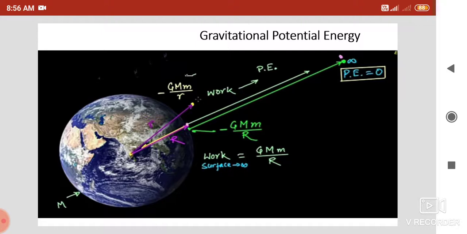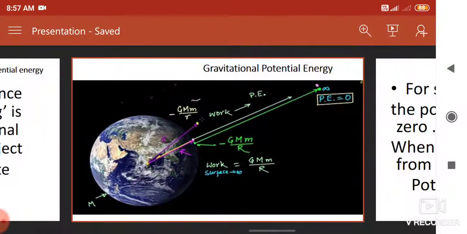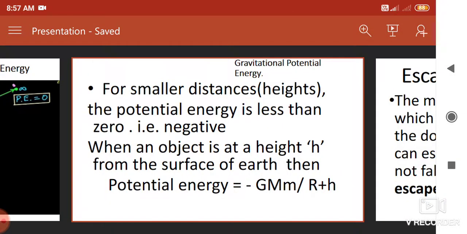The same work is stored in that object, which is called the potential energy. Now this potential energy will be 0 at infinite distance, but below that it is shown that its energy will be minus GMm upon r. So in this way we get the negative gravitational potential energy.